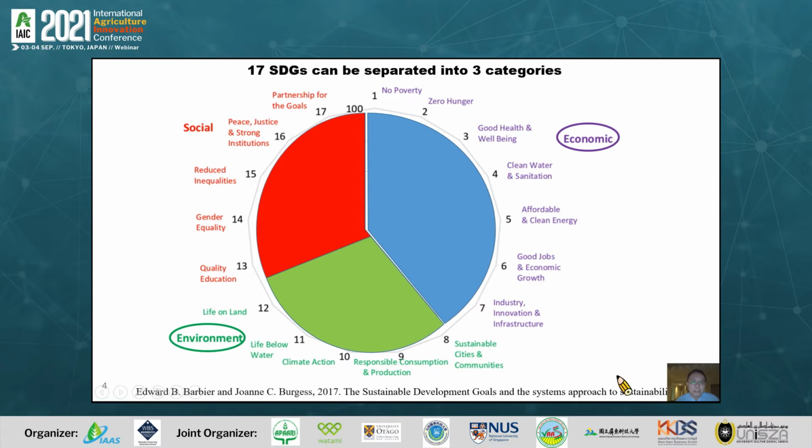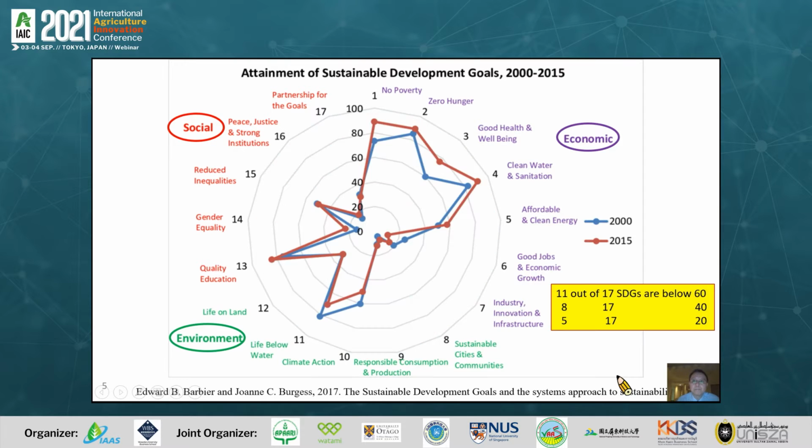The second one, environment, has five goals related to the environment, and another 5 are related to social systems.